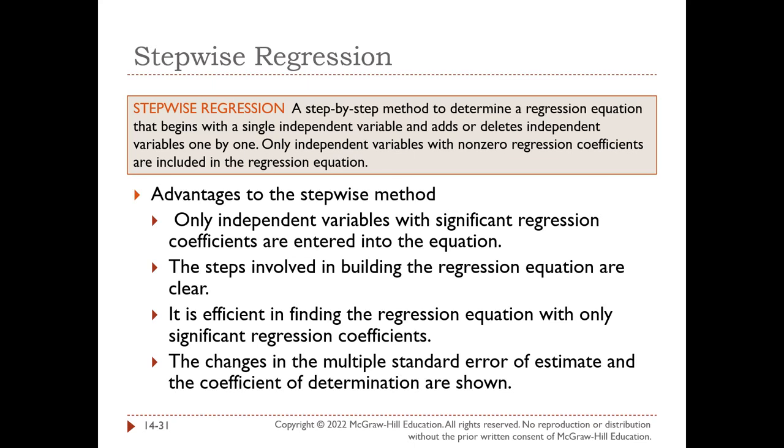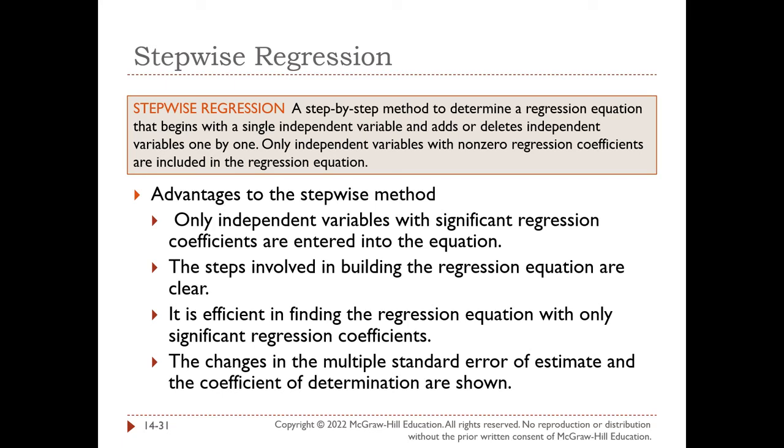Alright, last but not least, stepwise regression. This is a step-by-step method to determine a regression equation that begins with a single independent variable and adds or deletes independent variables one by one. Only independent variables with non-zero regression coefficients are included in the regression equation.